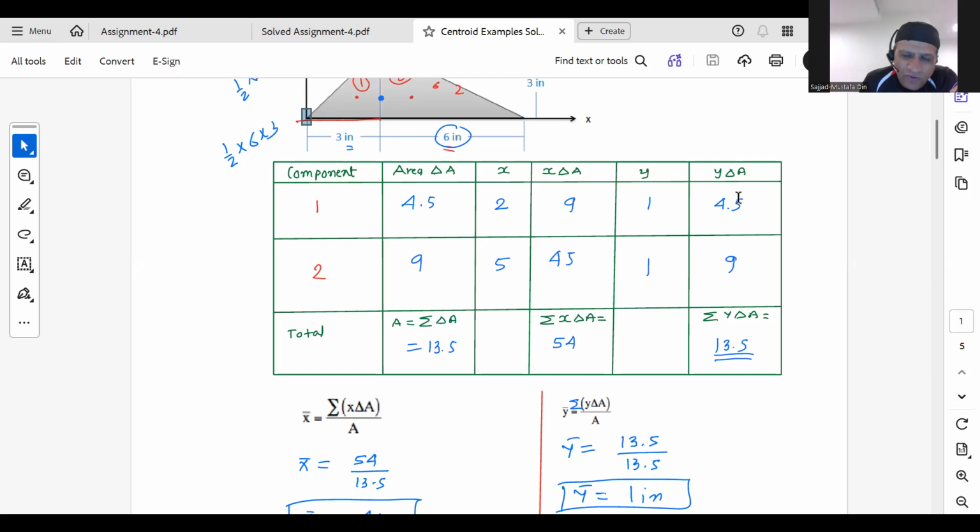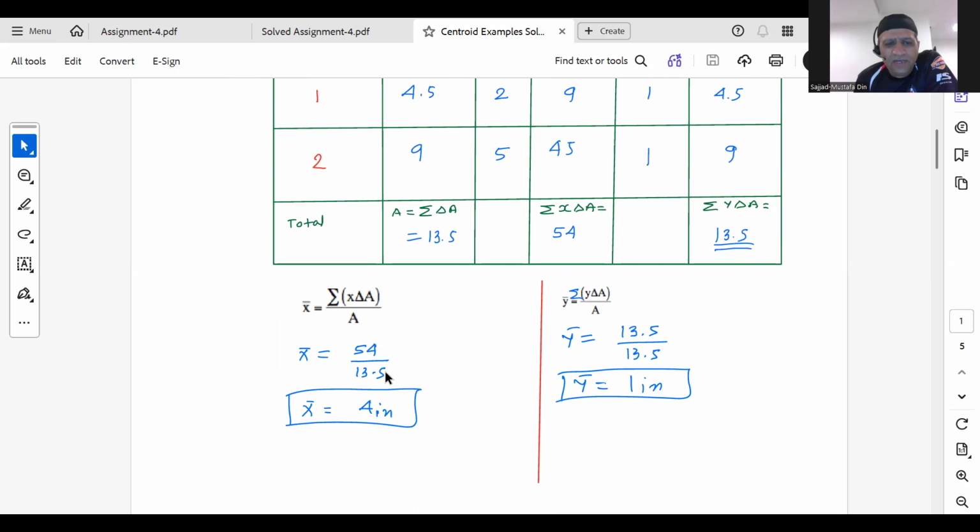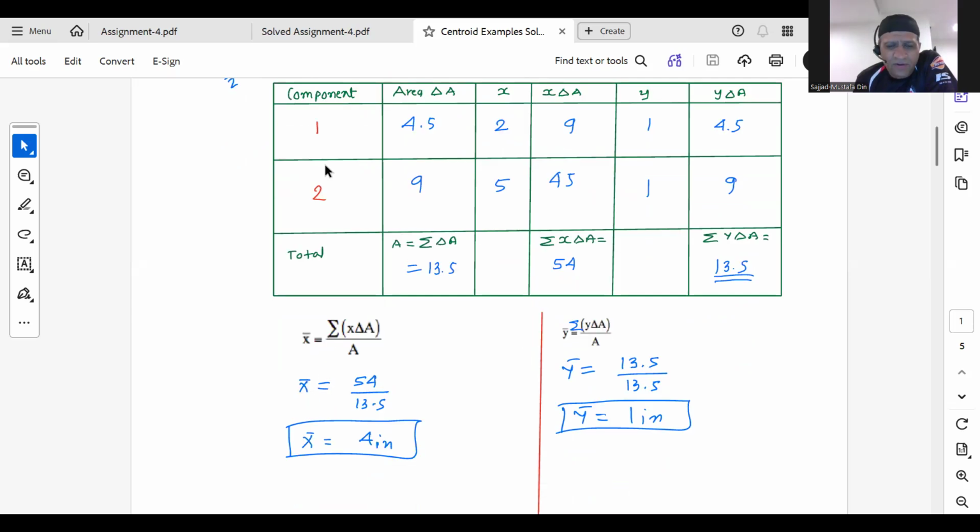Then you've got y times A, that's 4.5 times 1, 9 times 1, 9. So this is going to be 13.5. And you just simply run the calculation. So the x bar is going to be 4 inches and the y bar 1 inch.